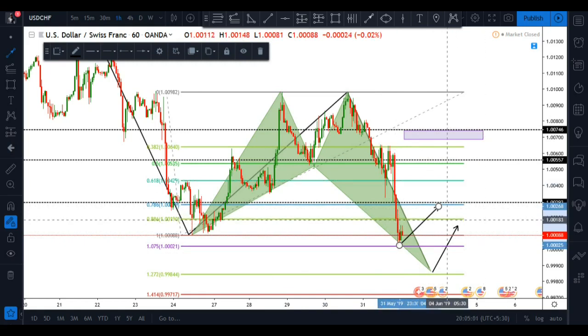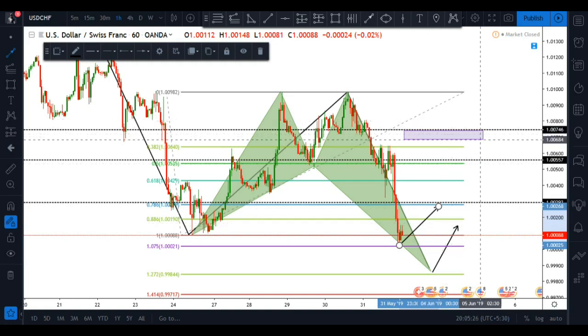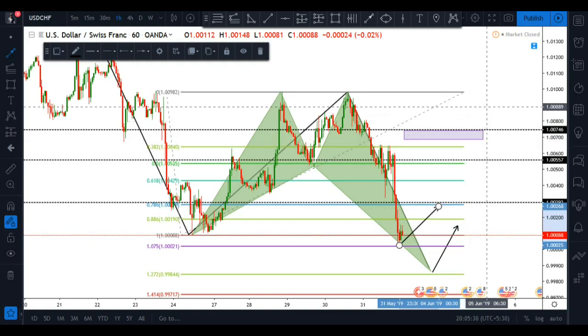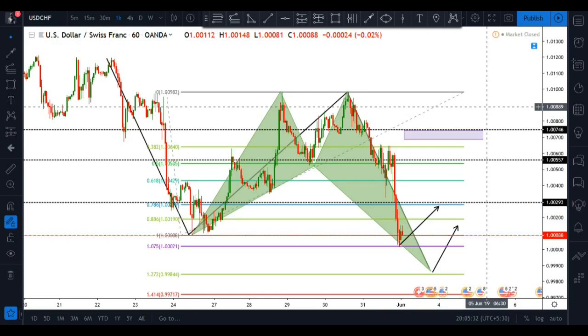As you can see, we have some sort of structure at this level, so it's probable that market might make a retracement at this point. So after making that retracement, we can enter this trade to go long and squeeze some profits out of this dollar Swiss pair. Okay, that's what I'm expecting out of dollar Swiss this week.